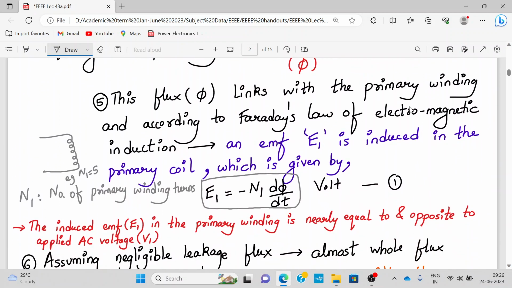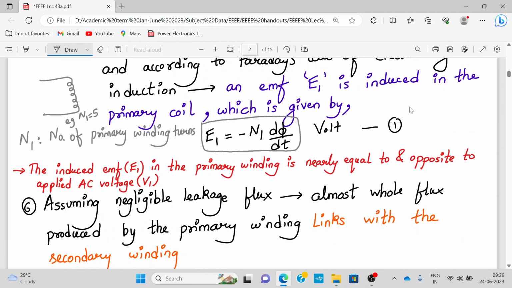As it is evident from here itself, E1 is negative, so your applied voltage V1 is equal to and opposite to the induced EMF E1. So basically in summary we can say that E1 is basically minus of V1. They are equal in magnitude but opposite in phase.